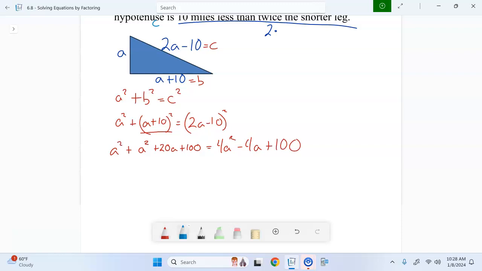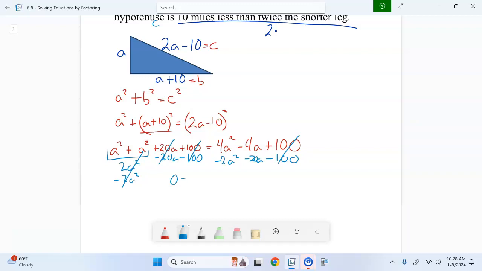And then we want to group everything to one side of the equation. I'm going to move everything to the right since that has the larger coefficient as positive. So we'll subtract 100 from both sides. Those will cancel. This is 2a squared, so we'll subtract 2a squared from both sides. And then we'll subtract 20a as well from both sides.